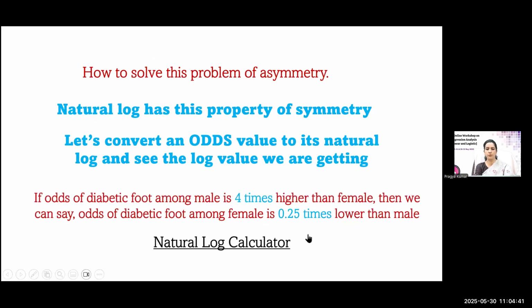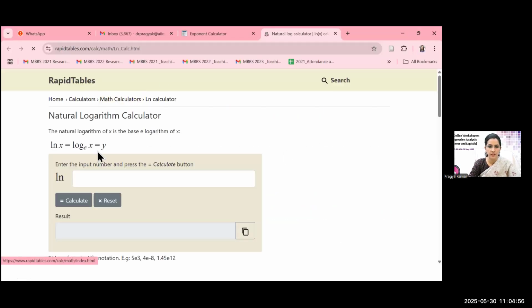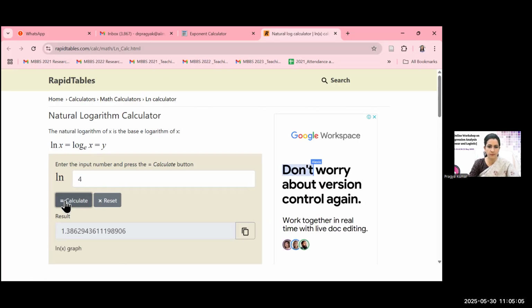So all of you, please do the natural log calculation of 4 and 0.25. I will use the natural log calculator. This is the natural log calculator, and I will put 4. If I put the value of 4, it gives the value of 1.38.